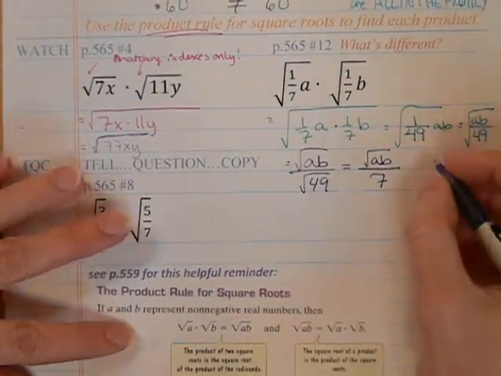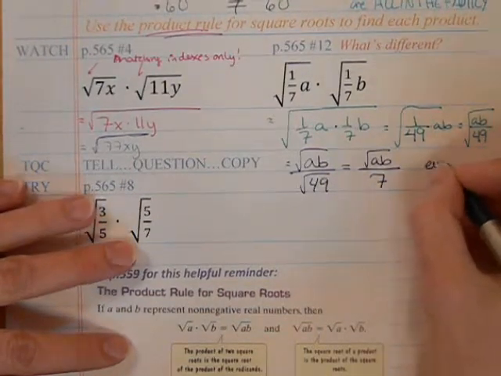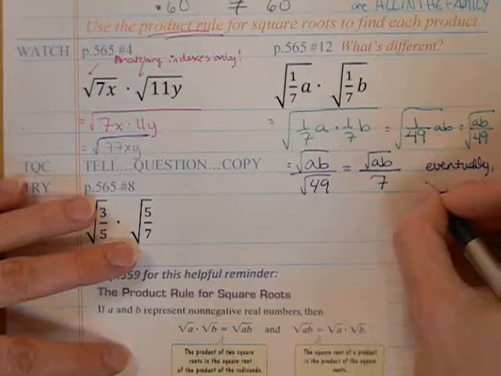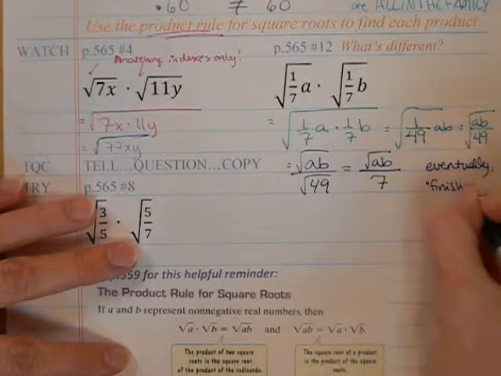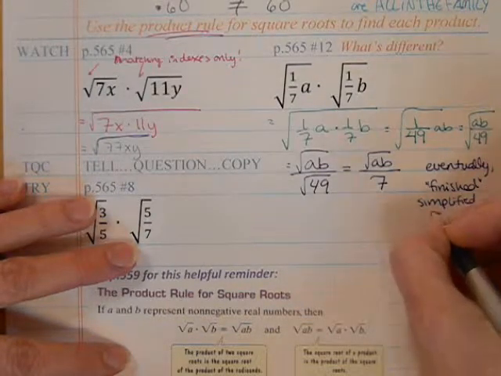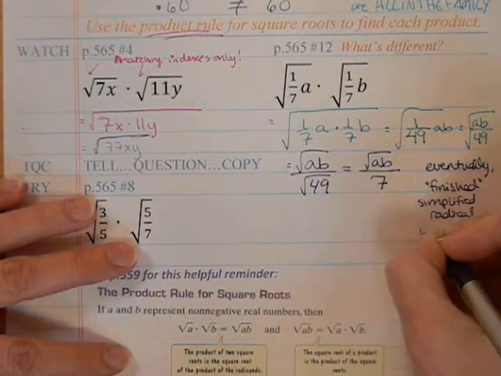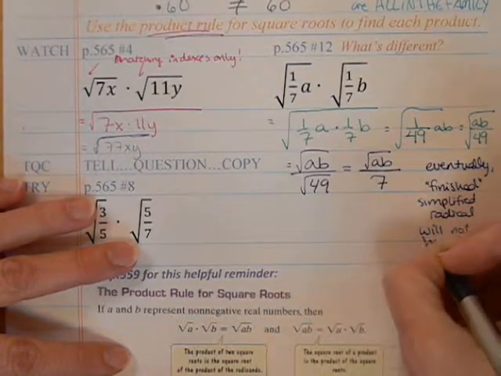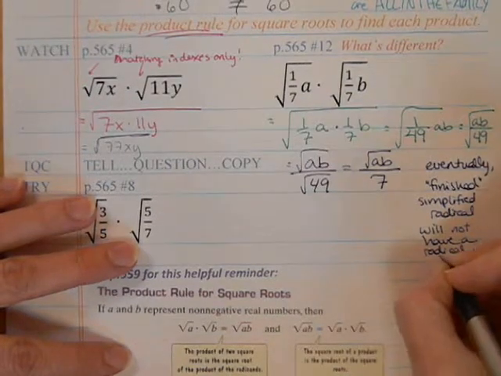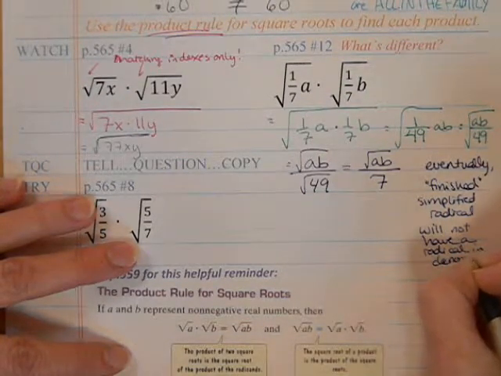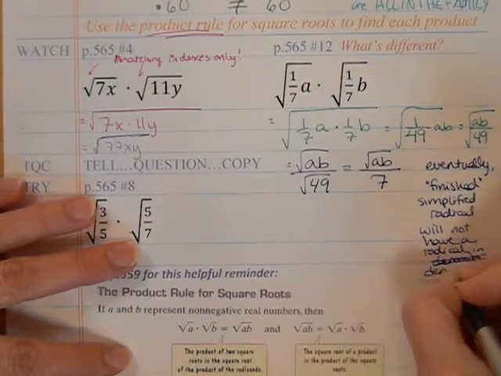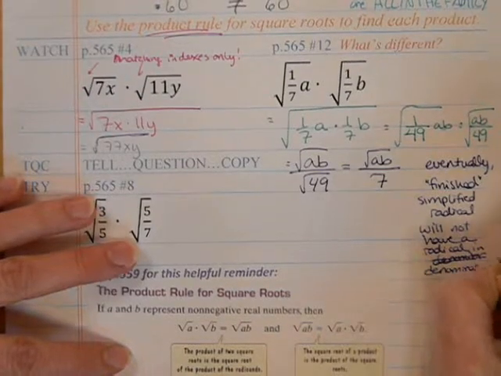And one thing that you want to keep in mind is that eventually a finished, or simplified, radical will not have a radical in the denominator. And I'm sorry if I'm going off the page here. We'll come back to that in a minute. Oh, can't spell today. Denominator. Goodness. Okay.